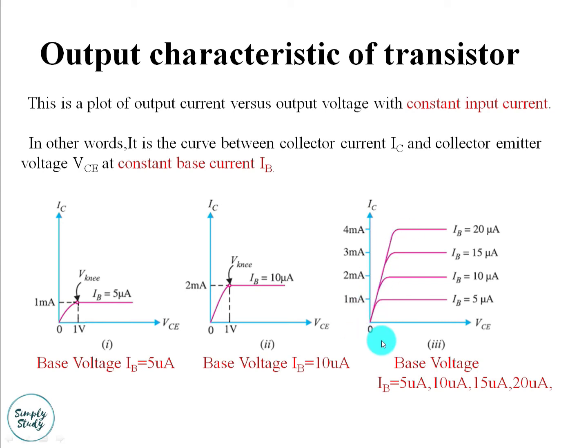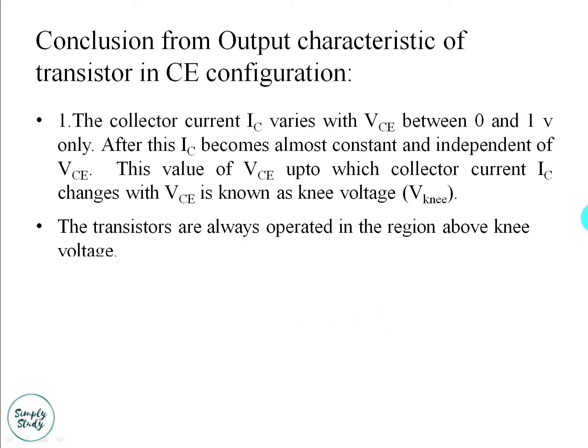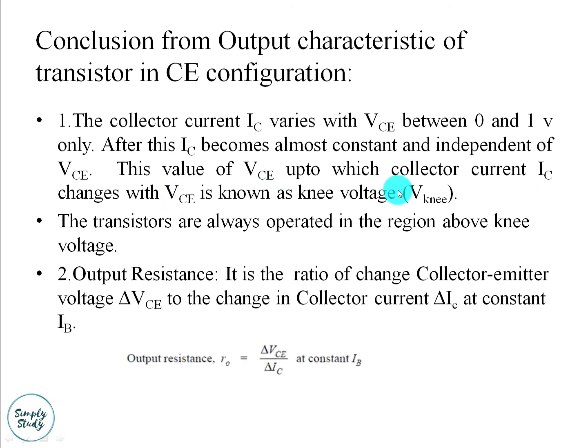This value of VCE up to which collector current IC changes with VCE is known as knee voltage. Note that transistors are always operated in the region above knee voltage. Output resistance is the ratio of change in collector emitter voltage to the change in collector current at constant base current.